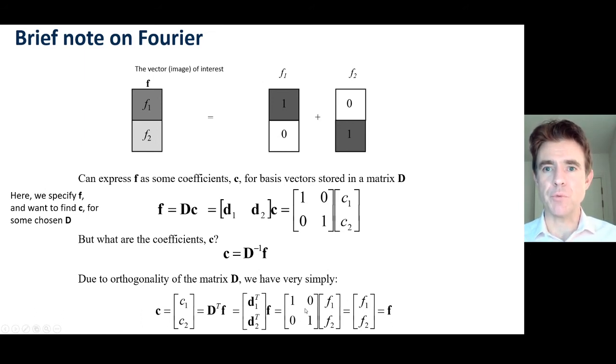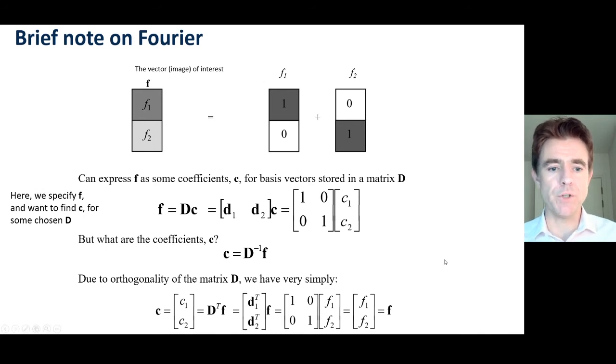Of course, it's hard to tell the difference here, but anyway, there it is. So it's 1, 0 and 0, 1 applied to the vector f. And sure enough, what drops out the other side is just simply f. In other words, the coefficient vector c is none other than the vector f, as expected for such a trivial choice of basis vectors.